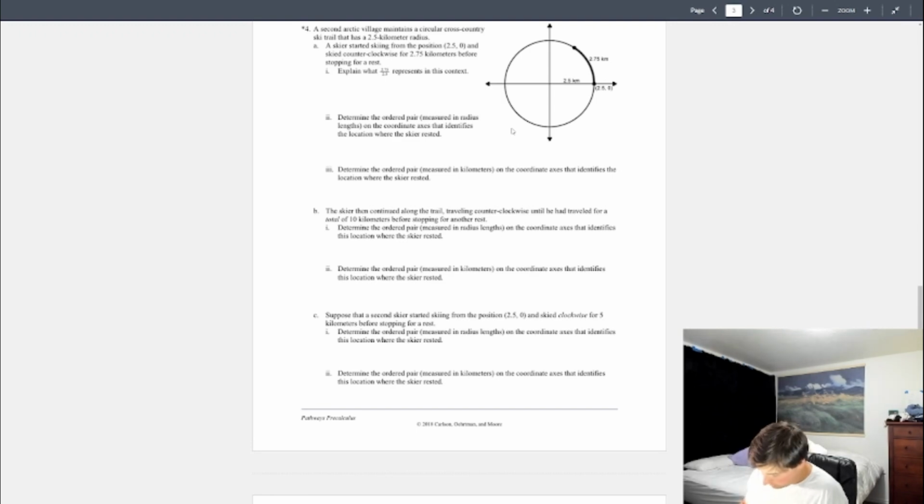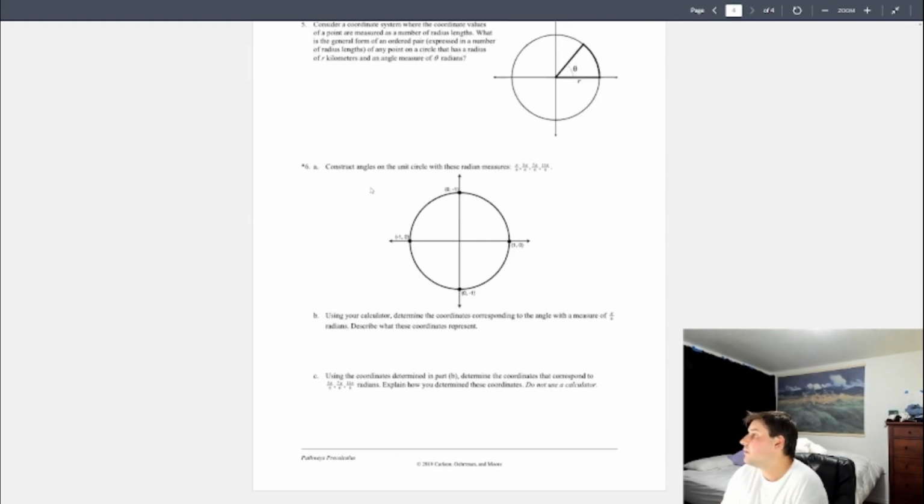Okay, construct on the unit circle angles with these radian measures. One, I could convert them to degrees and then just kind of know.